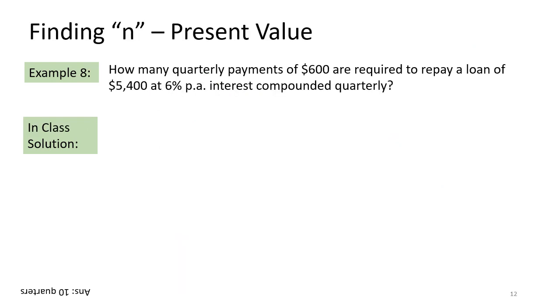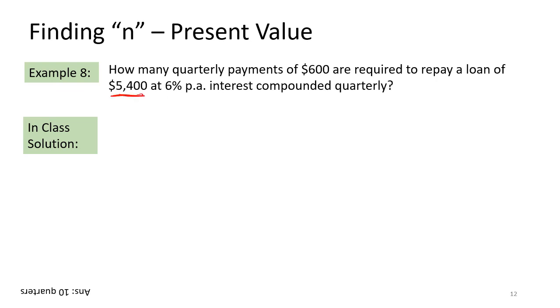Now, let's use the other version of that formula, and let's try and find the present value. So how many quarterly payments of $600 are required to repay a loan of $5,400 at 6% per annum interest compounded quarterly? Okay? So we're repaying a loan. Okay?